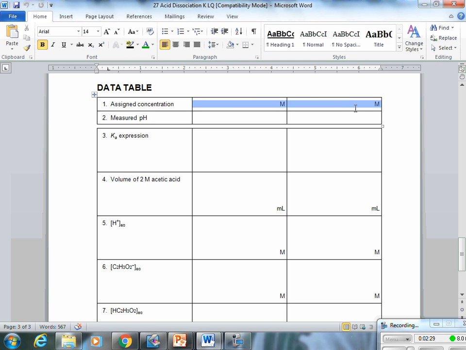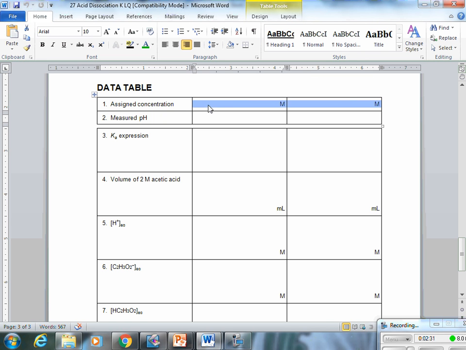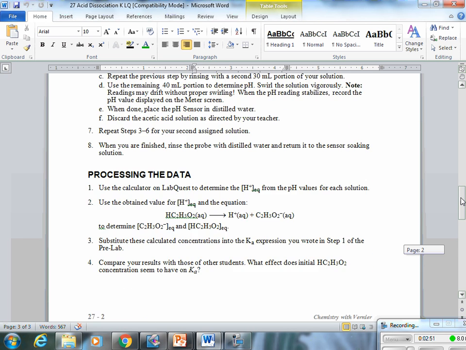So you'll have assigned concentrations right here that I will give you, and then you will have to determine how much of the 2 molar solution. Go back to when we talked about solutions. We talked about how to make dilutions. Okay, so you're going to need to review those notes to determine how much of the acetic acid that you will need.